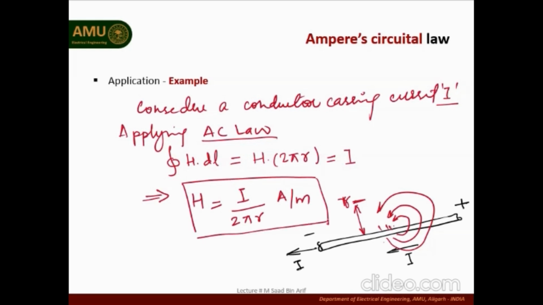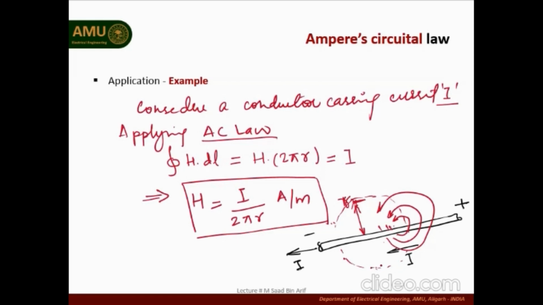What we have done is, we just take a circular path of radius r, and we know that we have to take a closed integral of it at all points on the periphery of this circle.